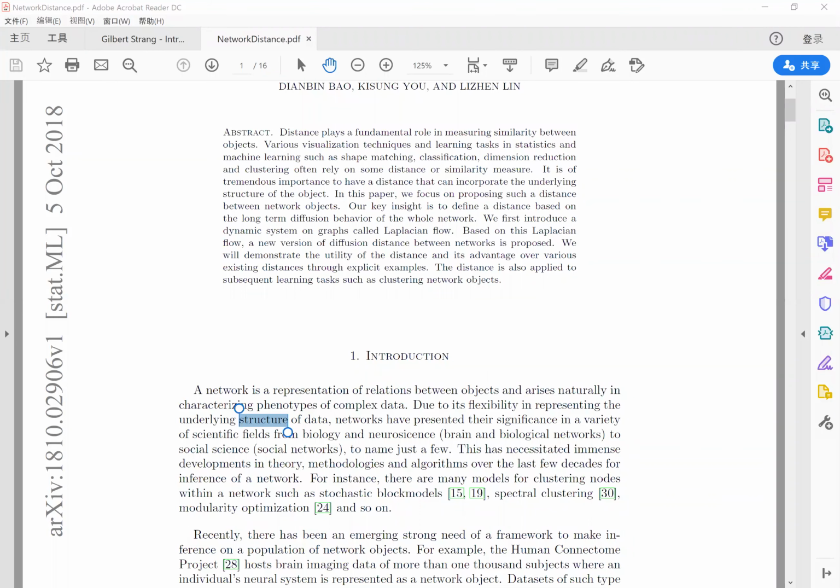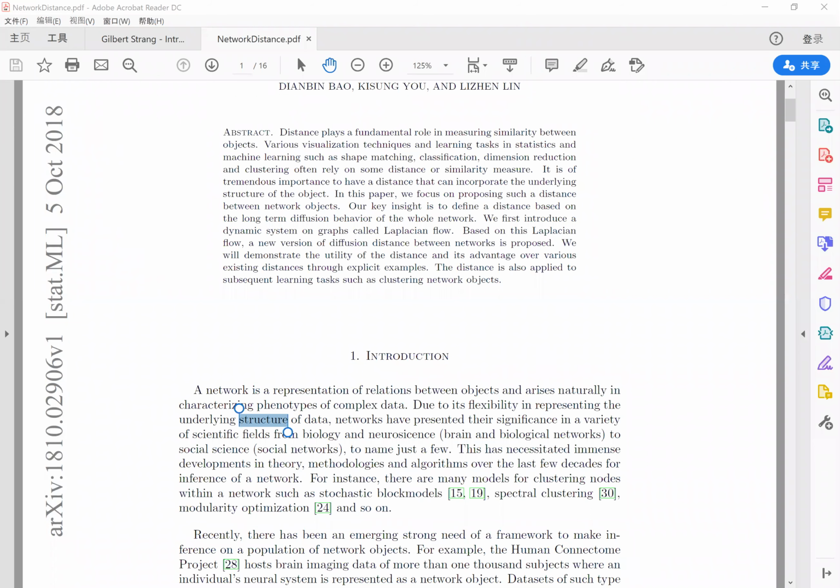And it's 0 if one of them is a chair and one of them is a table. Then you get an n by n matrix.